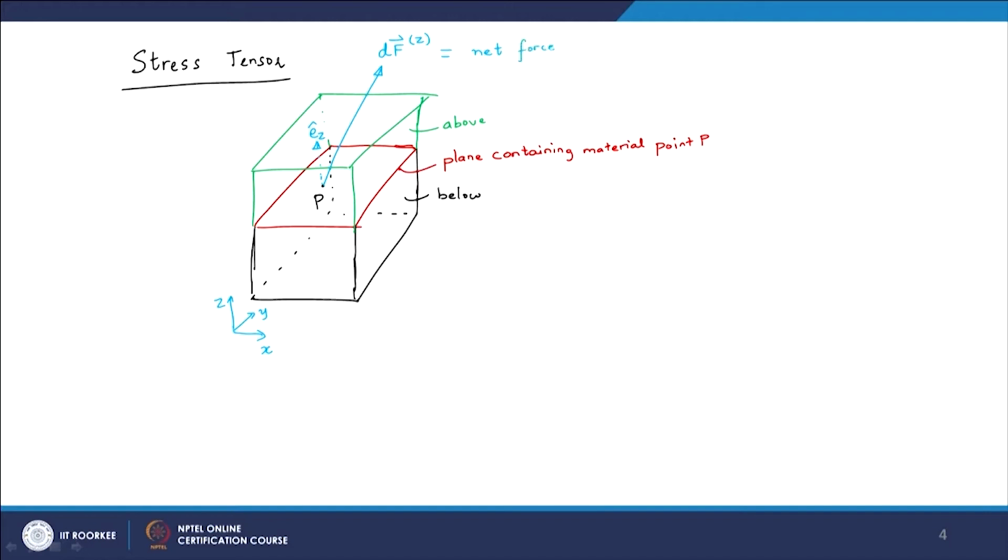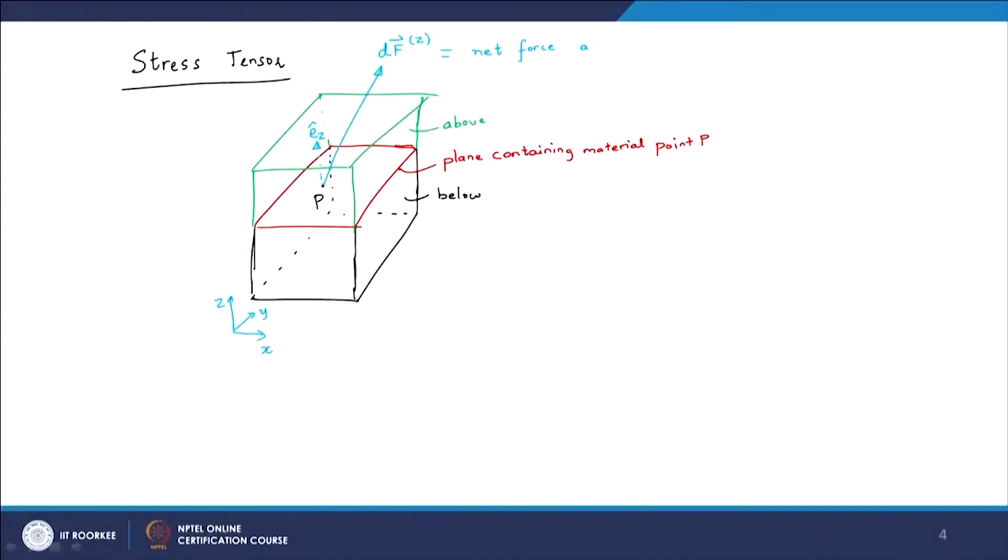So, it is not the z component, keep in mind. So, dFz is the net force acting on the plane with outward normal Ez. Okay. All right.